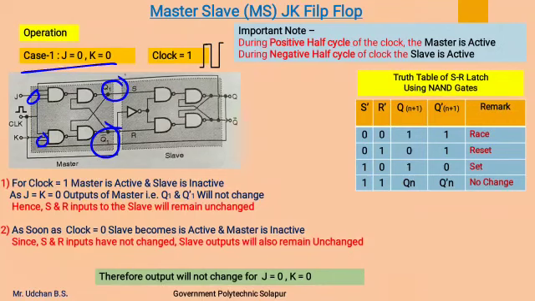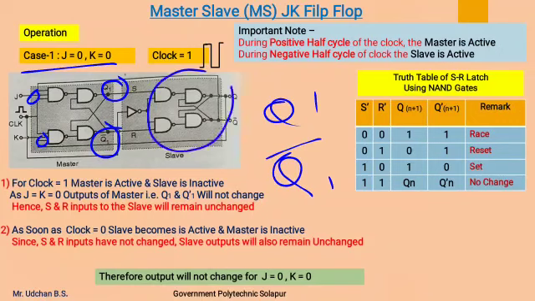Now in this case, as Q1 and Q1 complement are not changed, which are nothing but the S input and R input of the SR flip-flop, therefore S and R inputs to the slave will also remain unchanged.